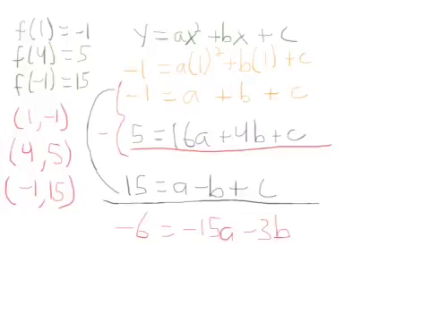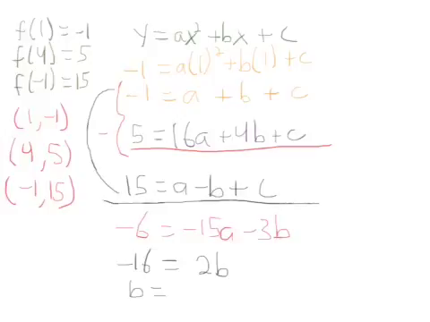So let's subtract these 2 equations. Negative 1 minus 15 gives me negative 16 equals a minus a, which cancels and leaves nothing. B minus negative b gives me 2b, and then c minus c gives me nothing. So now I have an equation where I can solve for b.